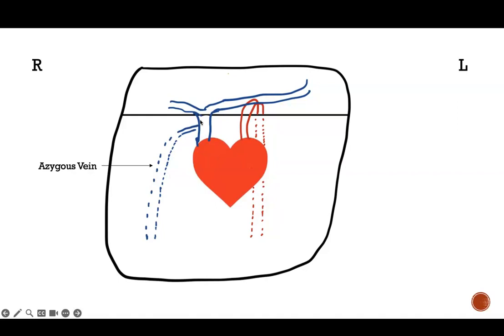It needs to drain in the superior vena cava, so it needs to arch forward. So this arch is called the arch of the azygos vein. And which mediastinum would this be in? Middle. Middle mediastinum. So this is one of their favorite questions. They'll try to trick you by saying arch of the azygos vein instead of azygos vein. Azygos vein is in the posterior, but the arch of the azygos vein is in the middle.